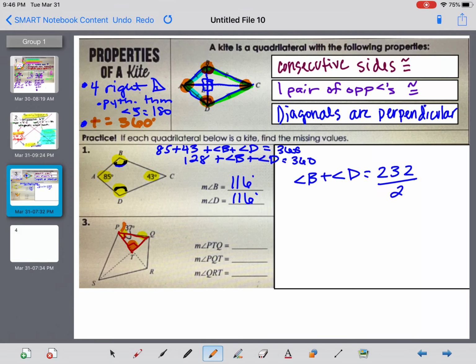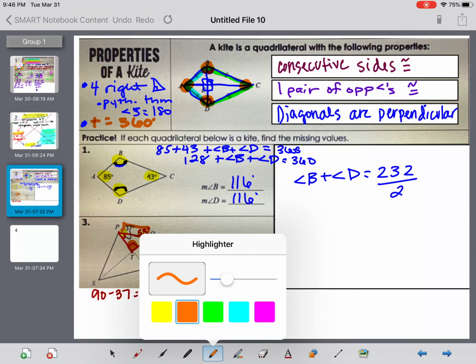Now, orange highlighter, I know that this angle is already 90 degrees, which means that these 2 angles have to add up to be 90 degrees as well. So all I have to do is do 90 minus 37, and that gives me 53 degrees. So I know that this angle up here has to be 53 degrees. Get it? Got it? Good.